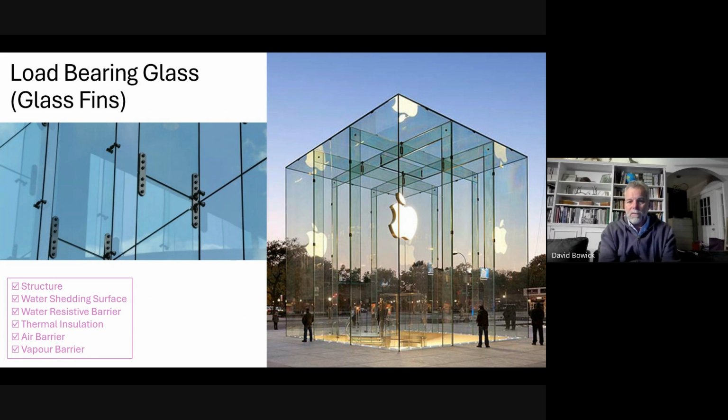So use laminated glass, and it might be quite thick. Like you can end up with 40 millimeters thick glass. You know, it could be 4 10-millimeter glass lights with a clear interlayer in between.